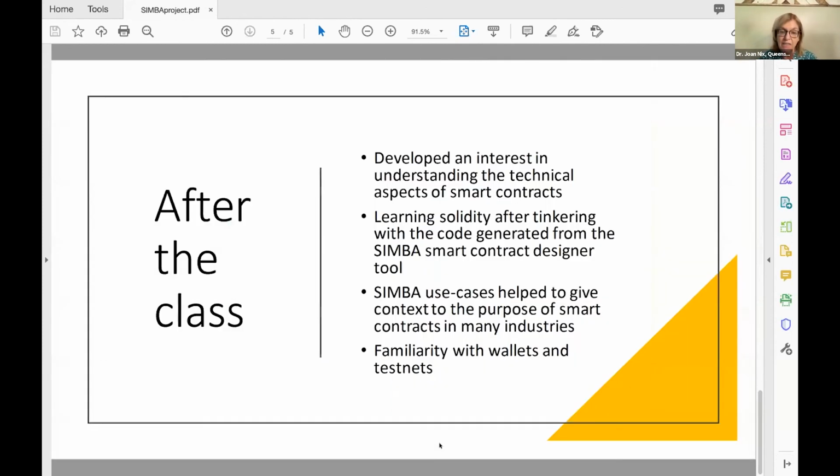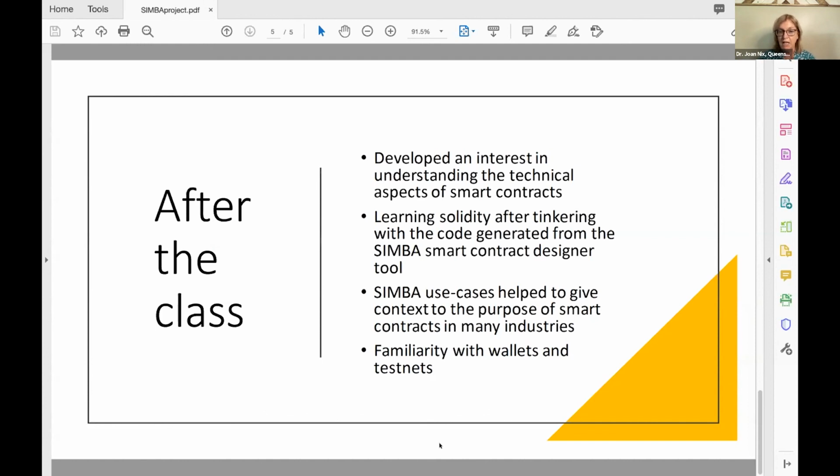After the class was over, from what I've seen in the blockchain club, they developed an interest in understanding the technical aspects of smart contracts. Learning the language, Solidity, after tinkering with the code, made it much easier for them. The use cases help give context to the purpose of smart contracts in many industries.